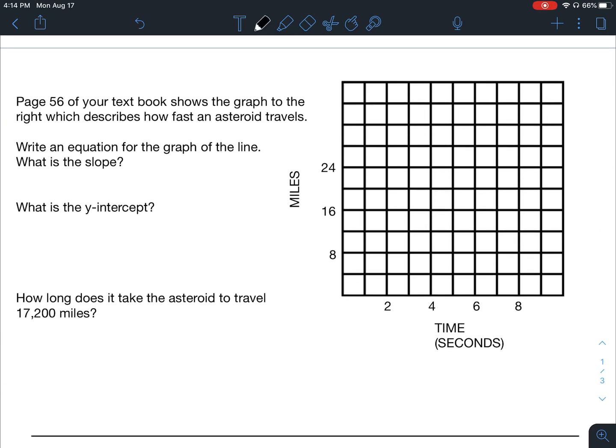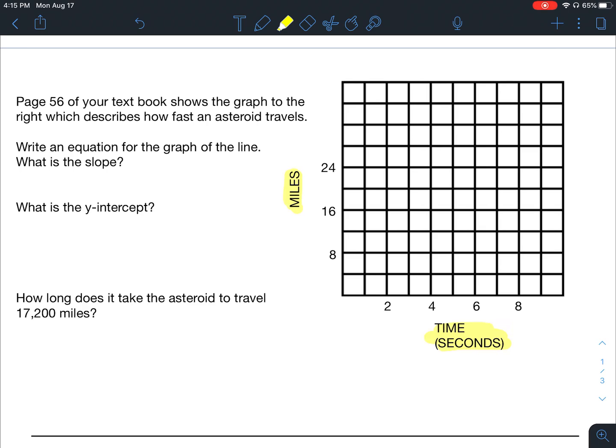Okay, now we're just going to go over some examples, and you can find these in the textbook prior to the exercises in 2.3. So on page 56 of your textbook, you'll see a graph. You'll see a story of a graph where it describes how fast an asteroid travels. And you'll see that on the x-axis we have our time in seconds. So our x values, our input values, are time, and our output values will be miles.